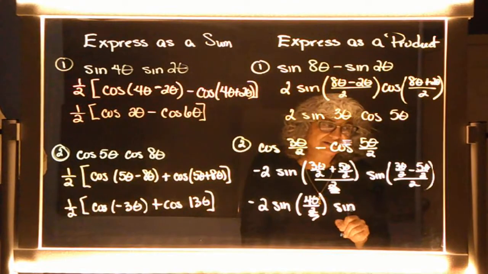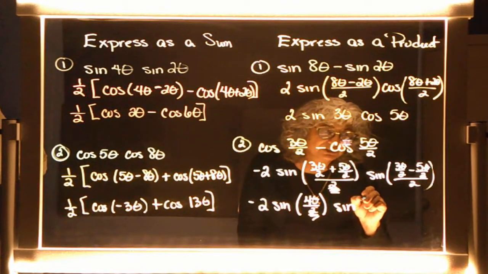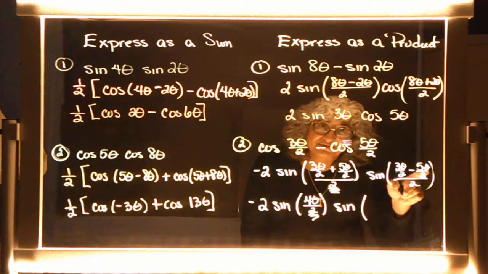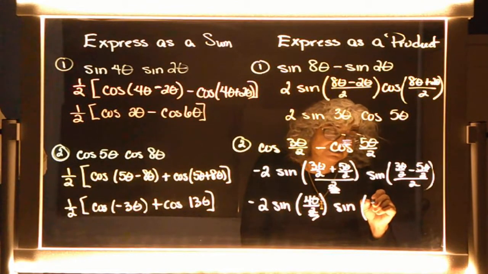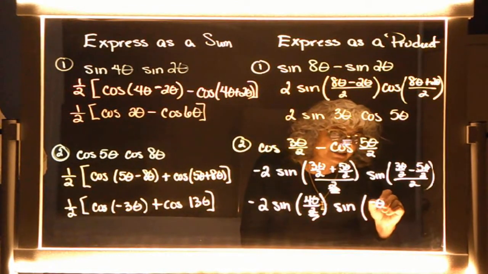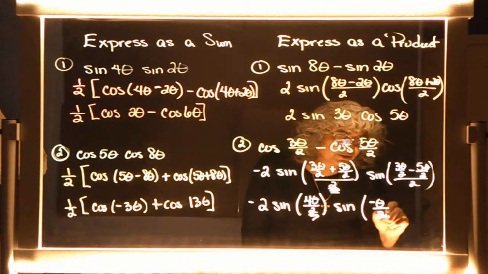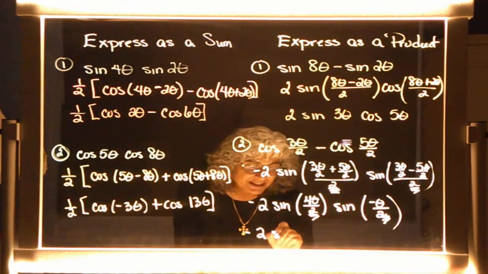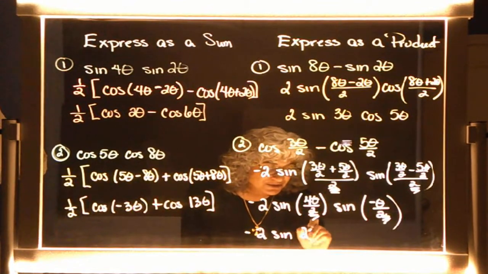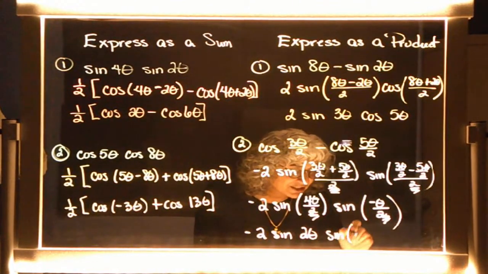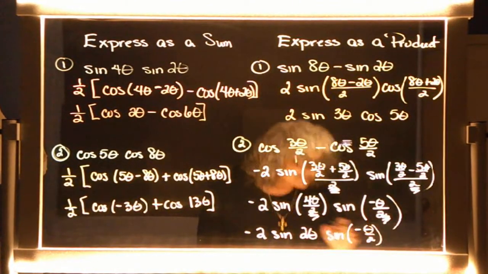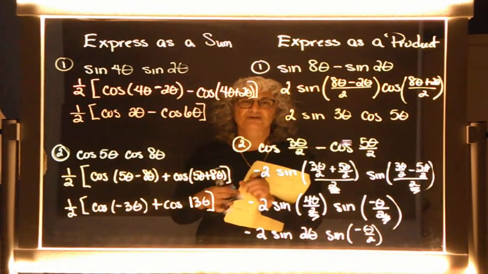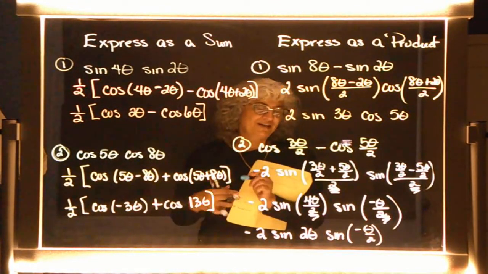What's 3 theta over 2 minus 5 theta over 2? Negative 2 theta over 2, which is negative theta, and divided by 2, this 2 is this 2. This one can be simplified, can't it? So hopefully you ended up with the same thing I did. Cool? Okay, hang in there.